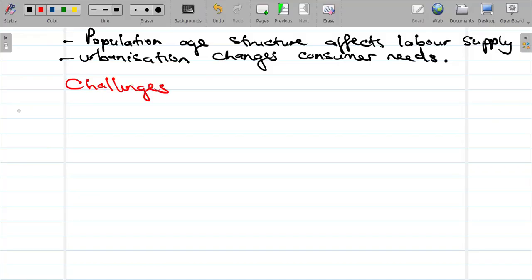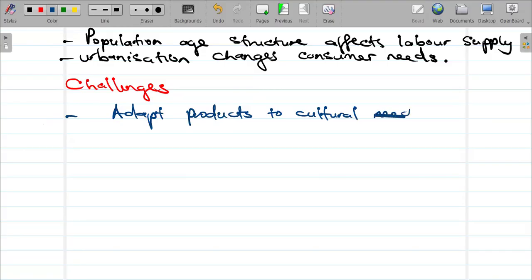All right. So you can find that business must adopt products to cultural needs. So it becomes a challenge. Business must adopt products to cultural needs, right?